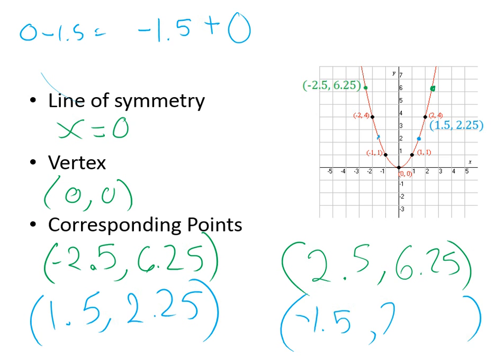And then the y value still does not change. So those would be corresponding points to each other. Okay, and as you see, in this case the y value does not change, and the x value just becomes either positive or negative. Not all cases are like this, but in this case it is.